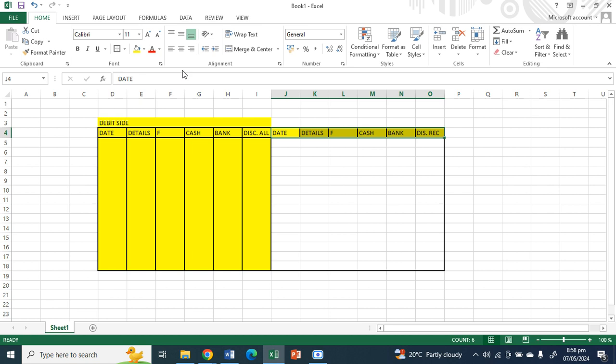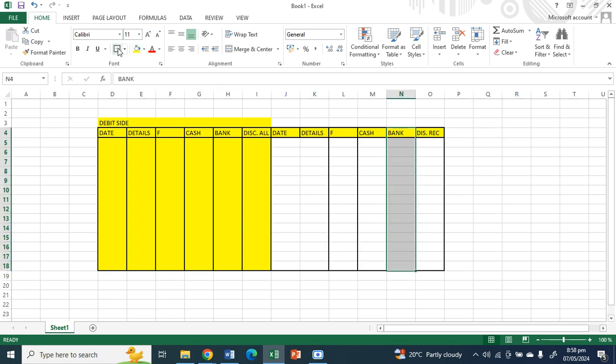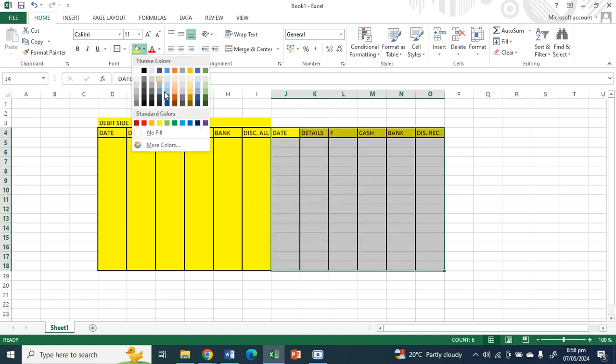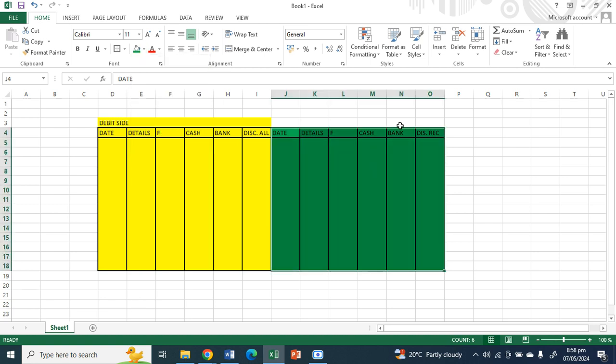So the credit side, and I'll highlight it in green. This is the credit side.